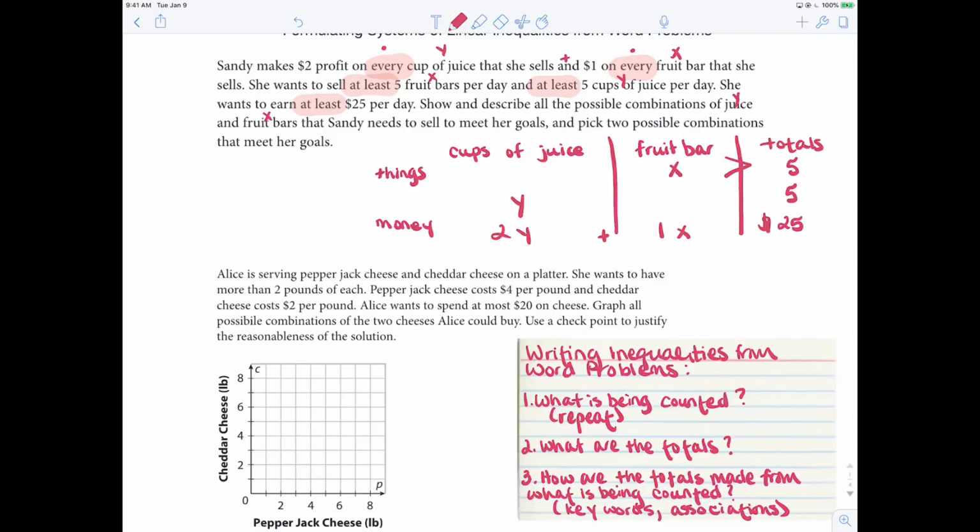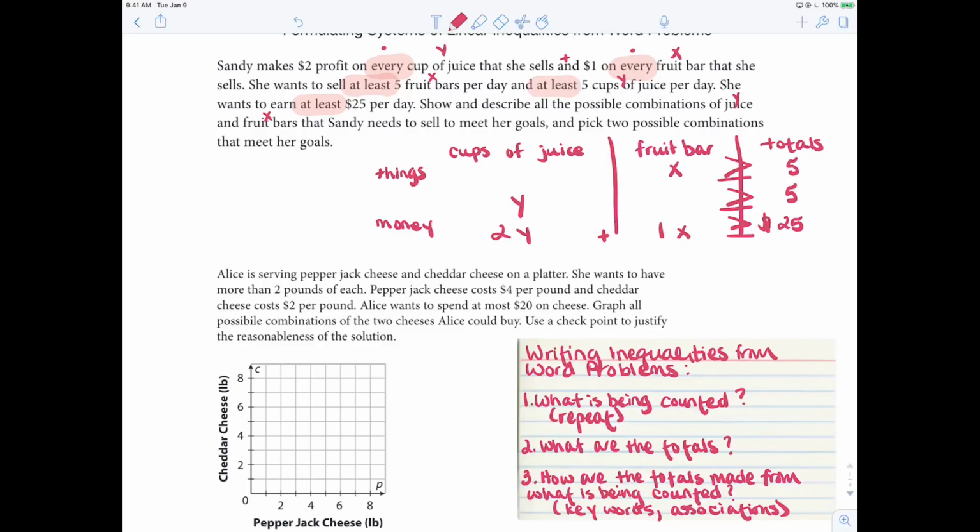And the same goes with the fruit bars. At the very least, it'd be okay for her to sell 5, so it can be equal to, and then needs to earn at least $25 per day, so that gets the same inequality.